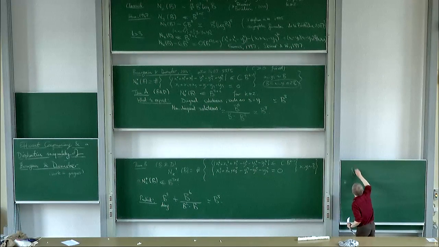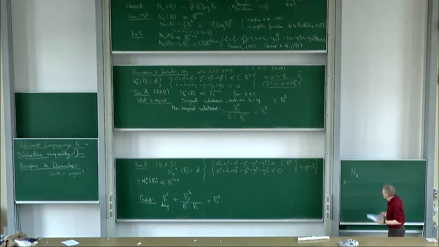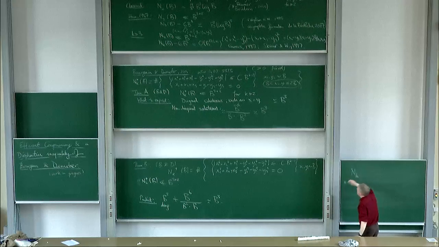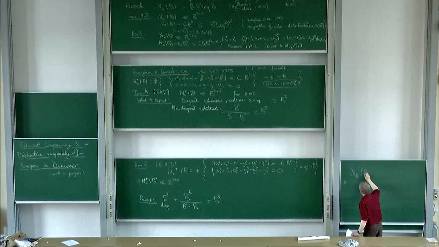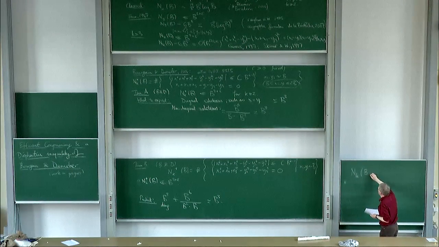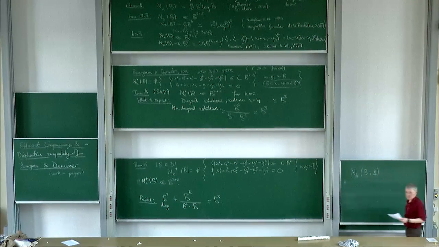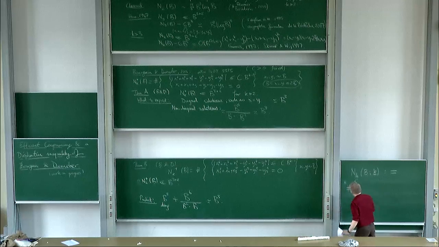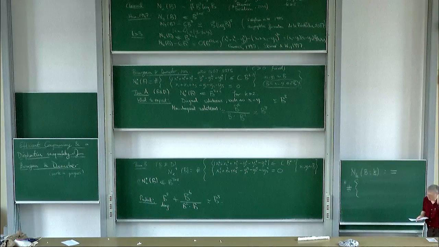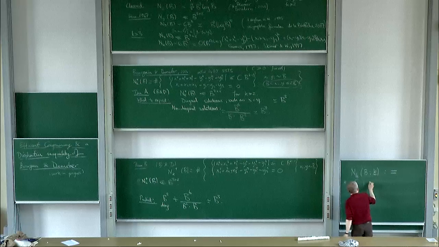Okay, so now I'm going to look at something else, which contains these as special cases. I'm going to define N_s(B), and there's a vector of exponents k. This is going to be the number of solutions of a giant system of inequalities. What does a system of inequalities look like?